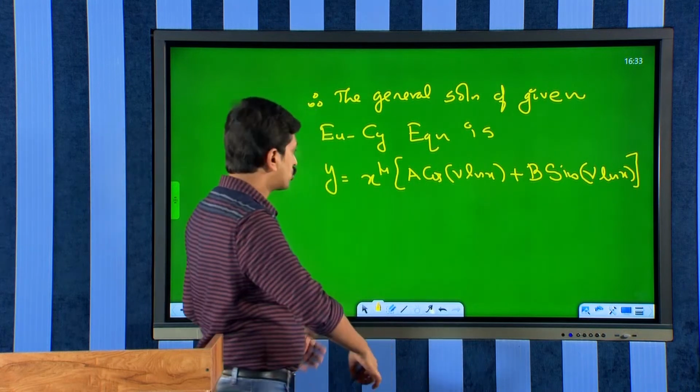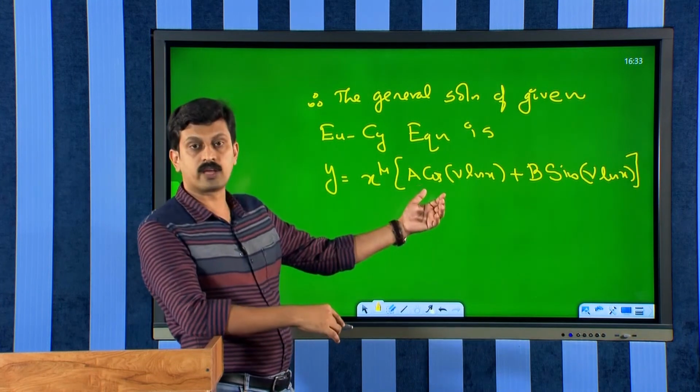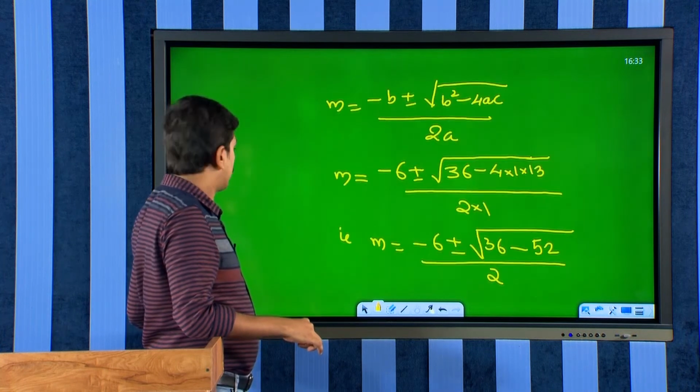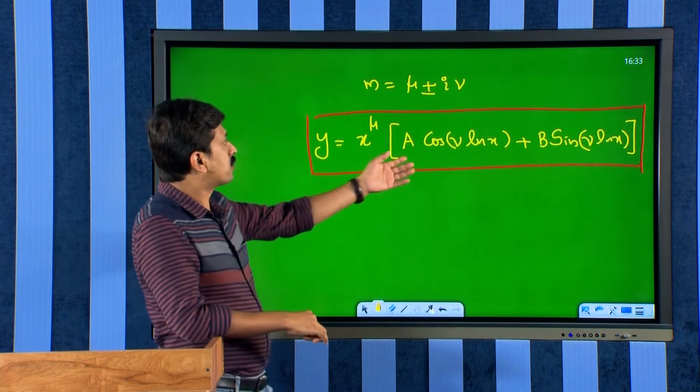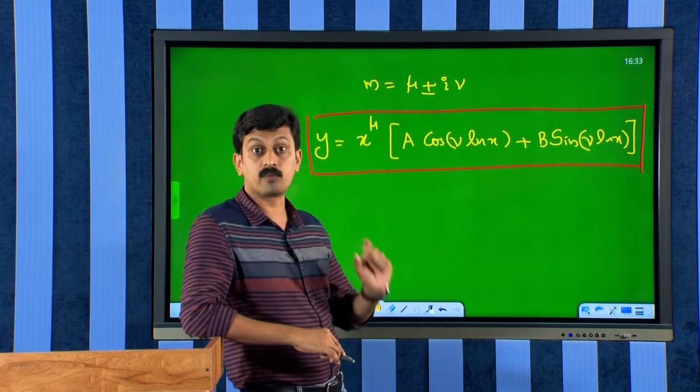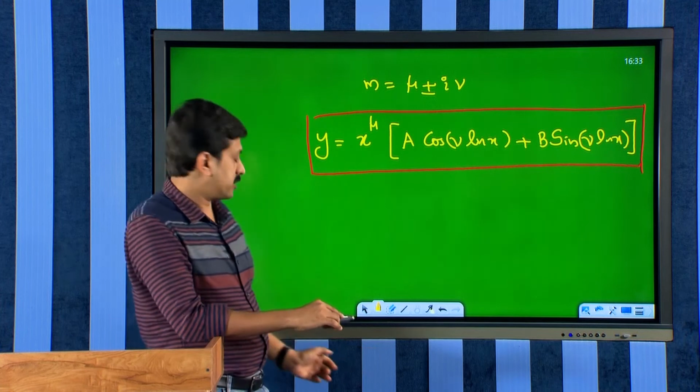That is the format of the general solution, where mu is the real part and nu is the imaginary part.